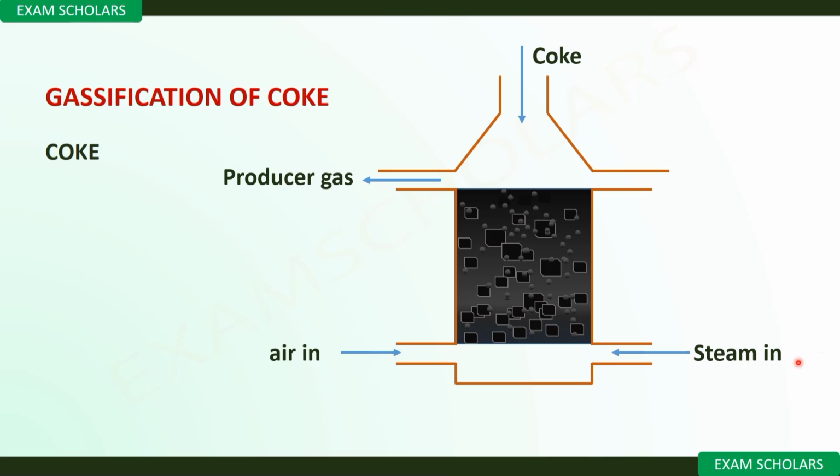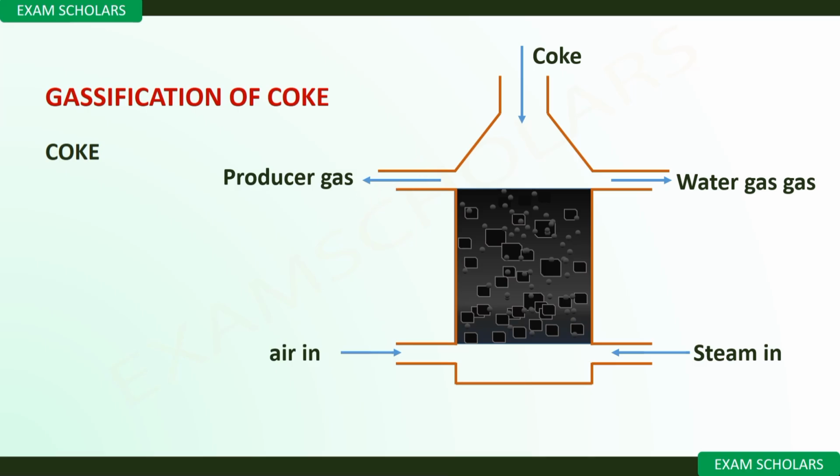When steam is allowed to pass through this, water gas will be produced. Please master this diagram very well. Can you see this diagram? When air is passed in here, producer gas is produced here. When steam is passed here, water gas is produced here. Look at the coke being supplied here and heat being supplied here.